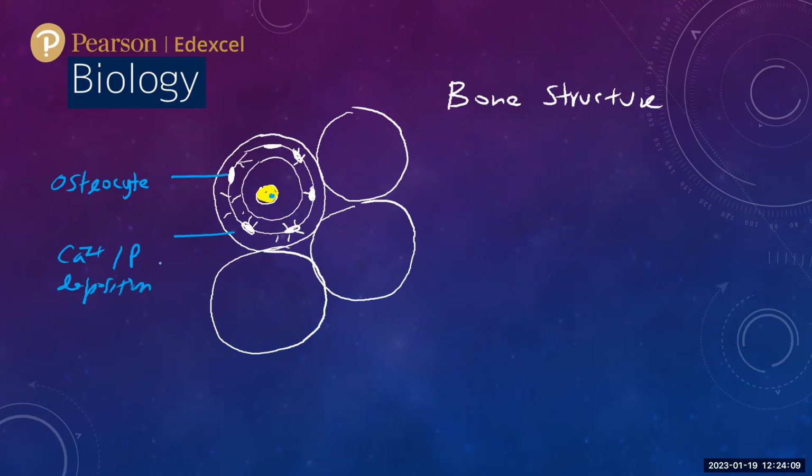Calcium is very important to make the bones. The calcium makes the hard structure, and in between we can see some cells and also a blood vessel and the nerve.